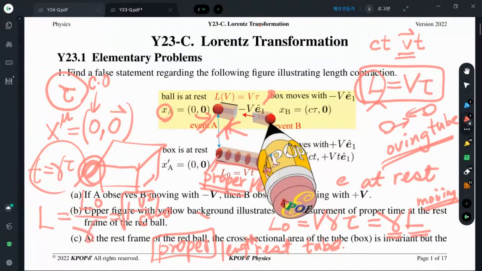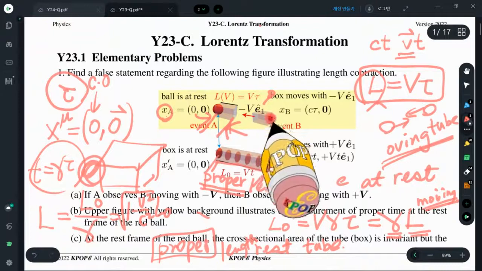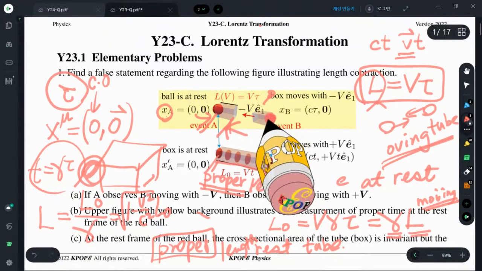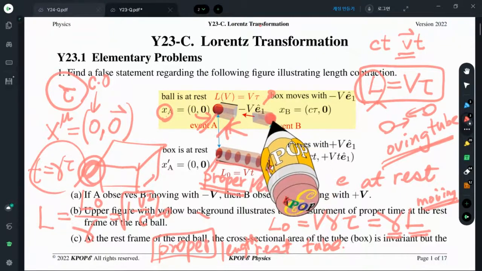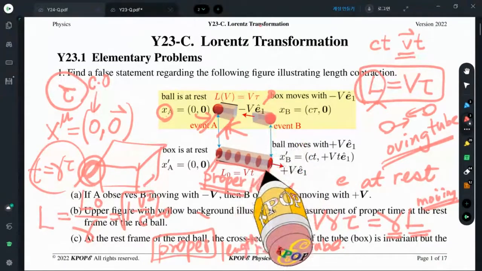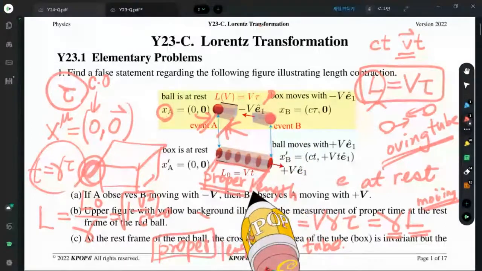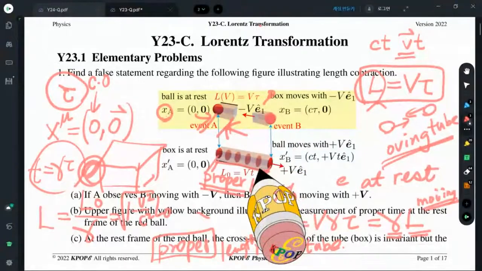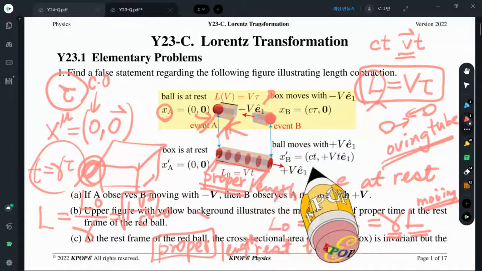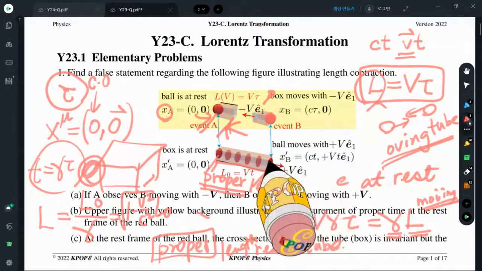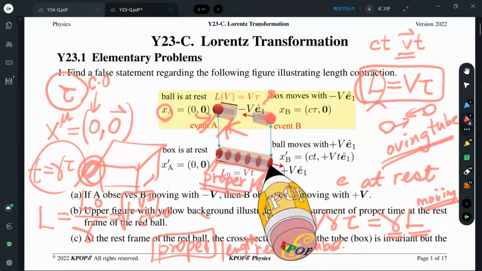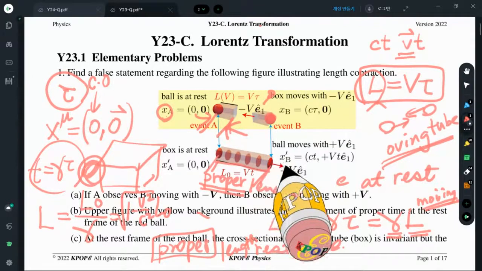Because of that, this ball is a sphere when it is seen at the rest frame. However, in the frame where the tube is at rest, the ball is moving and the ball becomes thin.